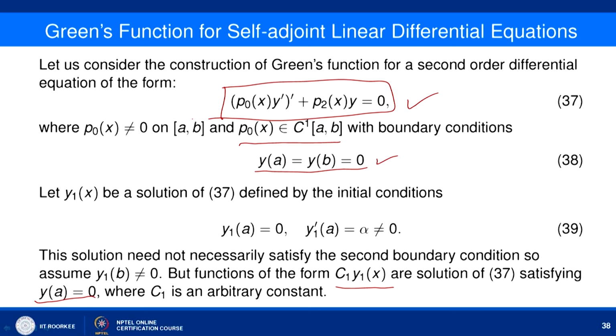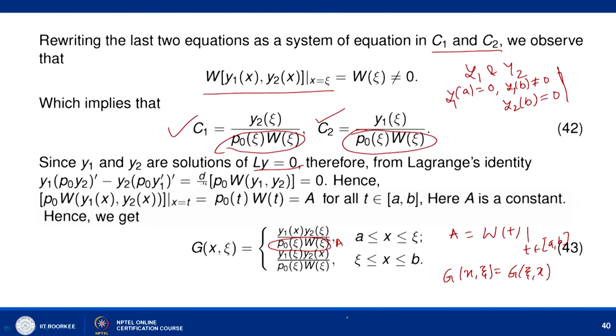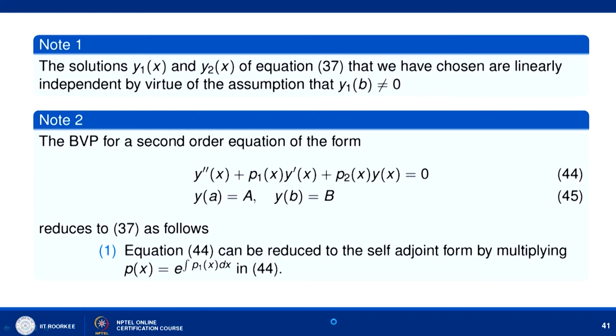Because of self-adjointness the Green function comes out to be symmetric. If we consider a non self-adjoint equation, then this symmetry may not be preserved.